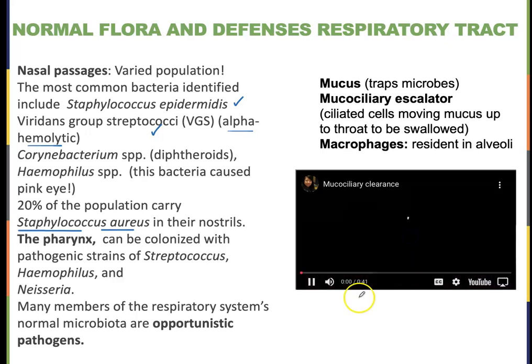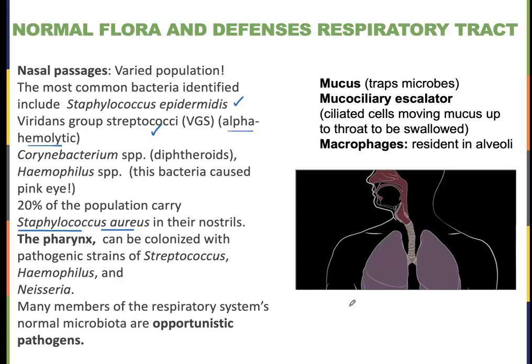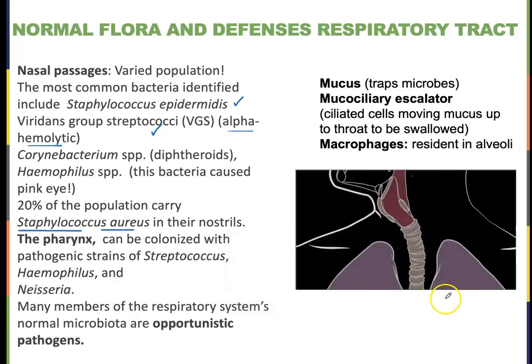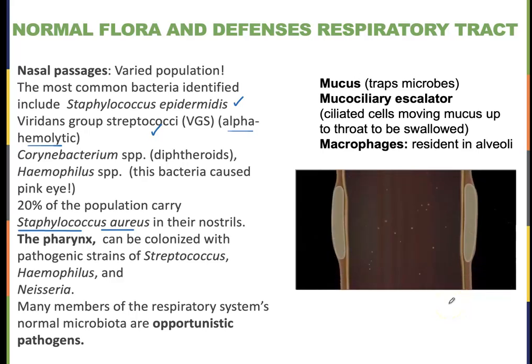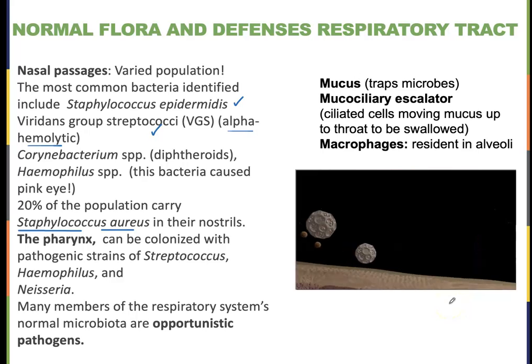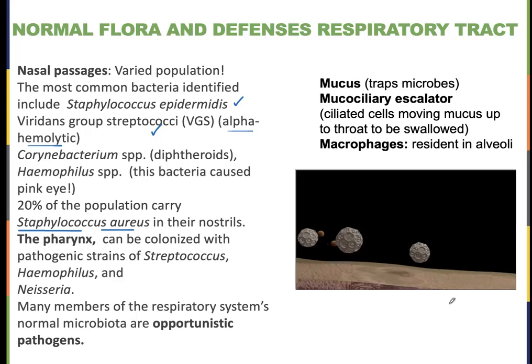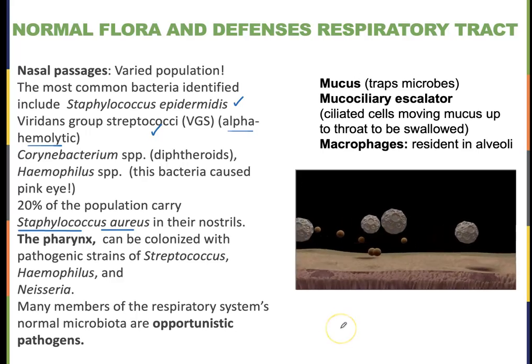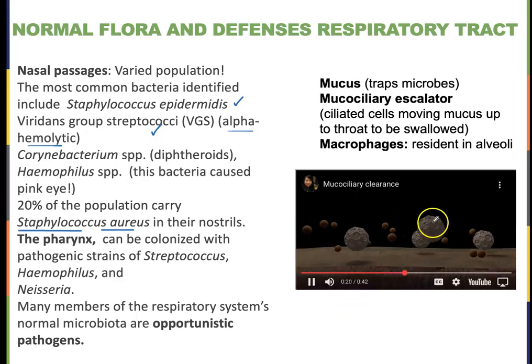So I thought I would show a little mucociliary clearance. The air we breathe contains foreign matter such as dust, bacteria, and pollen. Hair-like cells called cilia, as well as goblet cells, can be found in the lining of the respiratory tract called the respiratory epithelium. Or it could be pollen, or it could be mold spores.